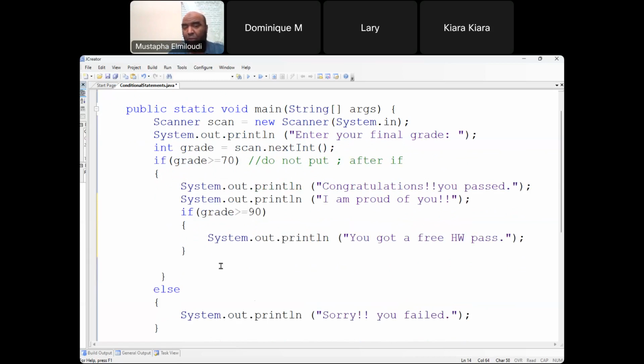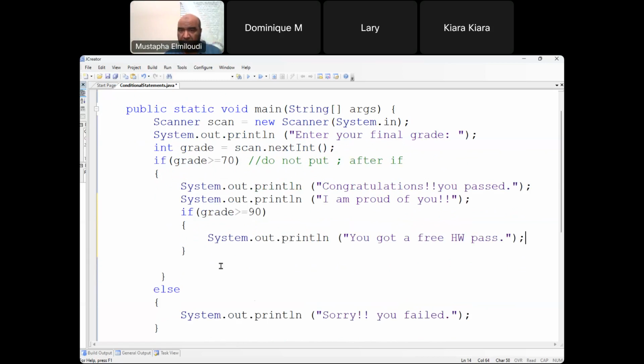You don't have to, but by the way, the coding style does not make any difference for Java. That means this is only for you, because when you organize things, as you can see right here, I can easily understand. But Java does not care whether you put this together, organized or not.